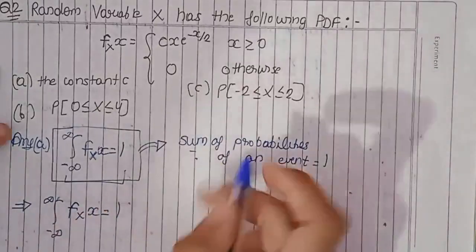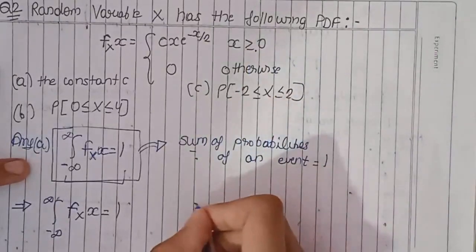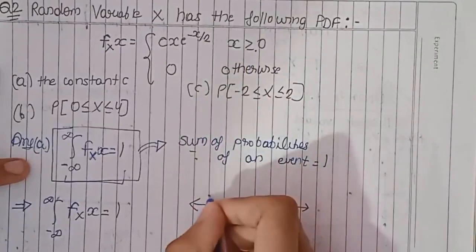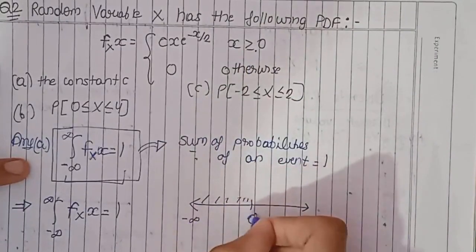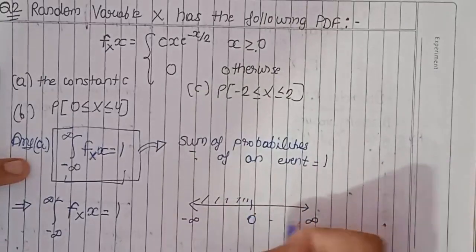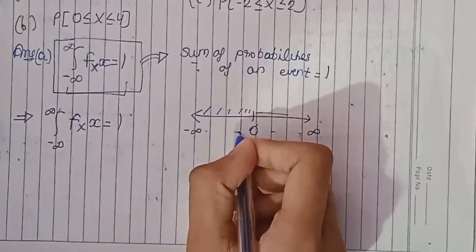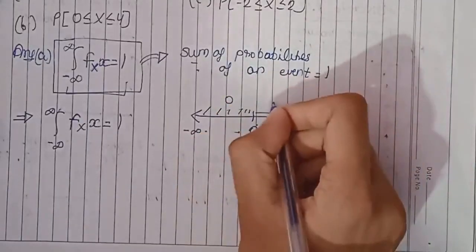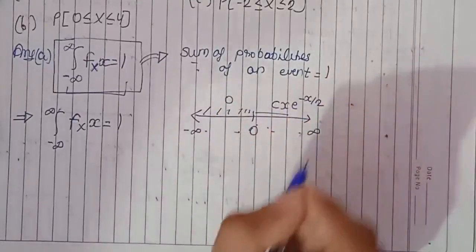Now we know that the PDF in this given table is divided into two regions by the number 0. The first one is from minus infinity to 0 and the second one is from 0 to infinity. And we can see that for this region the PDF value is 0, and for this region the PDF value is Cx e to the power minus x by 2.